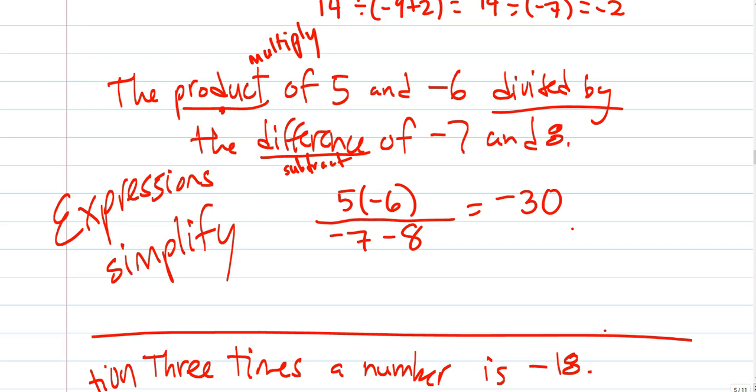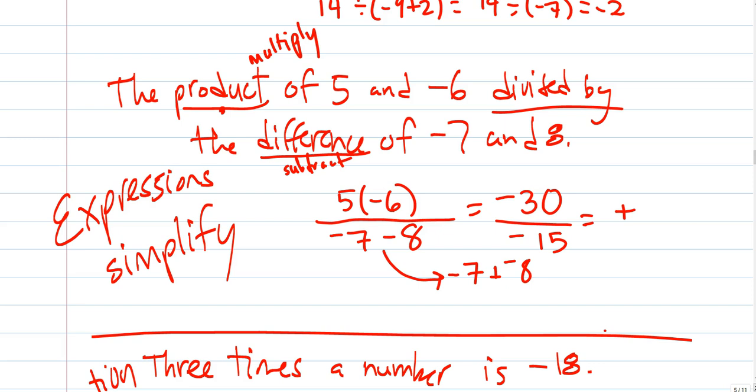I encouraged you, if you're not seeing that, to remember that this means the same thing as negative 7 plus negative 8. So we get negative 15. I also know that a negative divided by a negative, my result will be positive. Now I could divide. I know 15 goes into 30 twice.